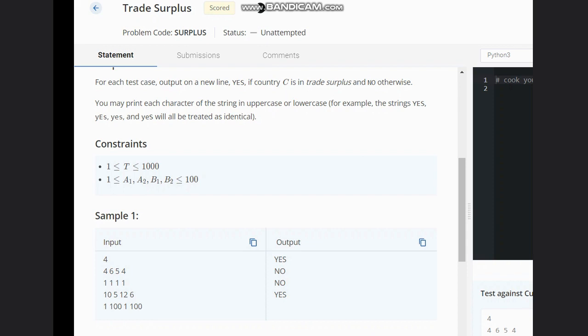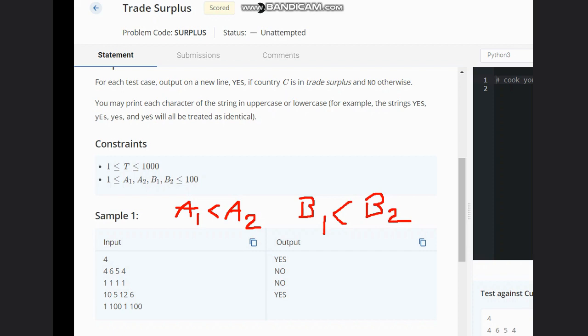So how to calculate the answer? Simply one way is that you can compare that A1 must be less than A2, or you can say B1 must be less than B2.